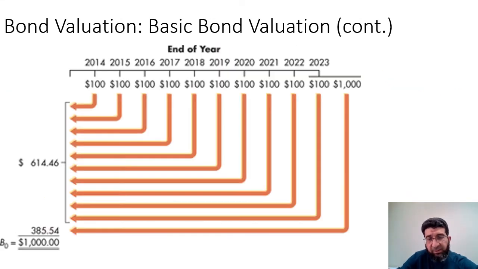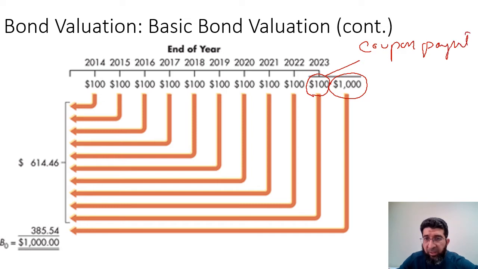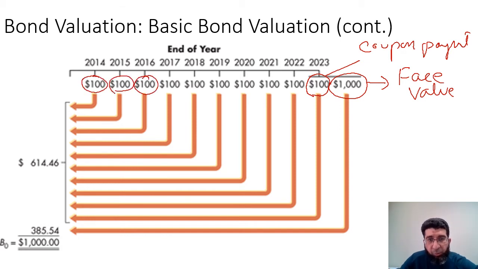You can see in this timeline that we start from 2014 and go all the way to 2023. In 2023, we have two simultaneous cash flows: the last coupon payment as well as the face value or principal payment. Now, it's an annuity problem because all the interest payments or coupon payments are the same for all the years.